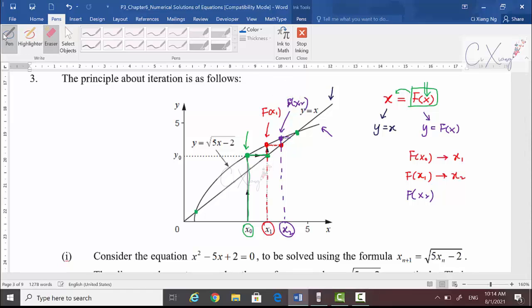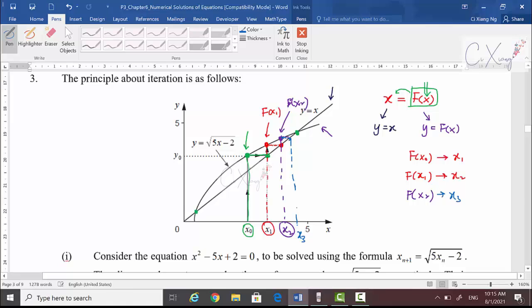So if you can see, if I repeat this process again and again, eventually it will get very, very close to the intersection point value. So this is how we get the root. Okay, the approximation root.